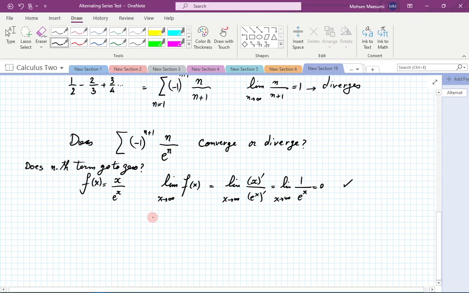As a result, we can easily say the limit of the nth term, n over e to the n, as n goes to infinity, is 0. Well, is that it? If the terms go to 0, does that mean the series converges?